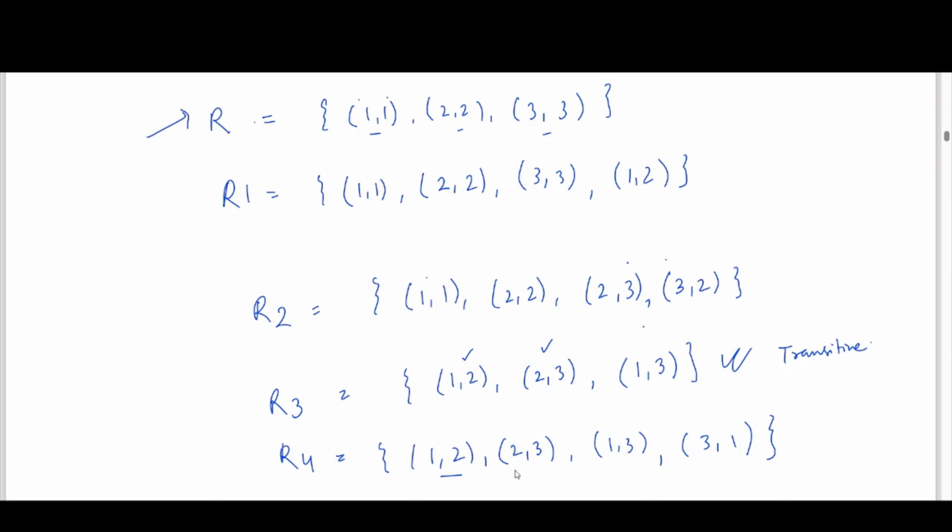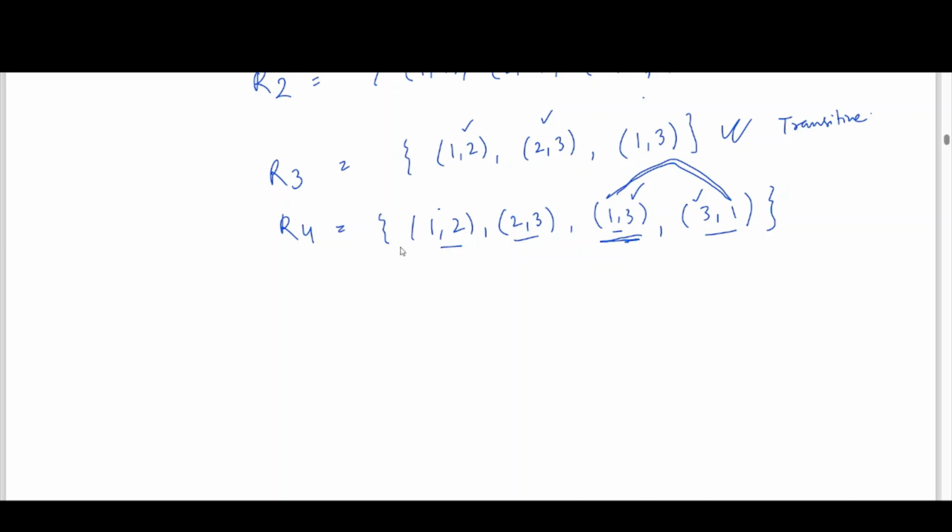For 1 2 and 2 3, since 2 is common, we need to have the 1 3 pair, and we see that 1 3 is present. So till now it follows the property of transitivity. But for 1 3 and 3 1, 3 is common, so 1 1 should be present in this relation to make it transitive.